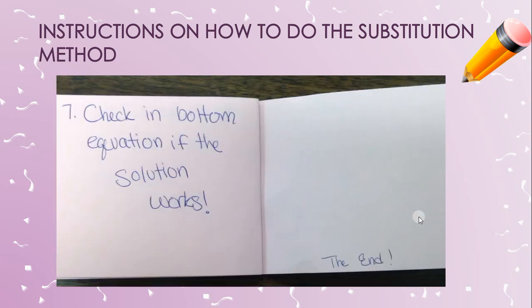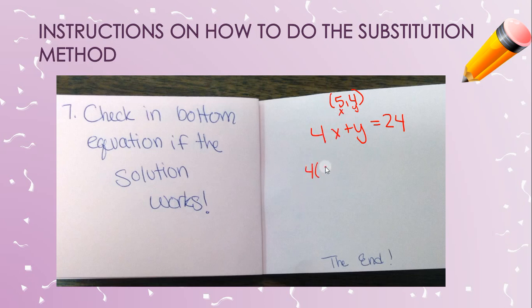And the last step. We need to check in the bottom equation if the solution works. The bottom equation was 4x plus y equals 24. This is the second one we were given at the beginning. And our solution was 5, 4, remember? So this is my x again, that's my y again. So wherever I see an x, I'm going to put a 5.